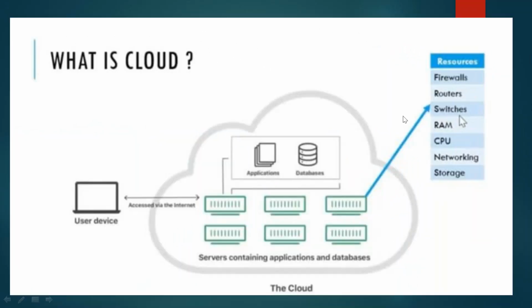So cloud means all the resources will be maintained in some other places, like racks and servers containing applications and databases. These applications, databases and servers will be accessed via the internet with your user devices. This refers to a cloud.